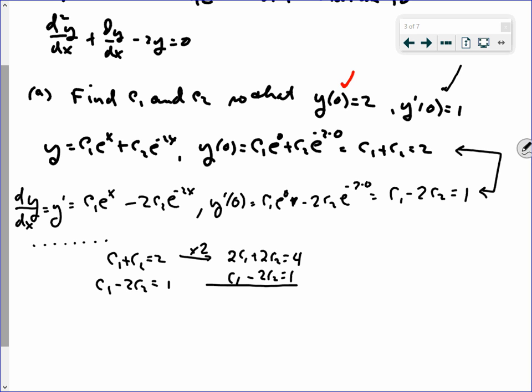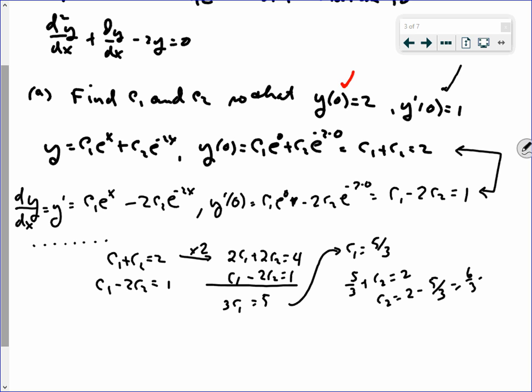The c2's go away, so 3c1 equals 5. c1 equals 5 over 3, and to get c2, plug 5 over 3 into the top one: 5/3 plus c2 equals 2. 2 minus 5/3, well that's 6 over 3 minus 5 over 3. c2 is 1/3.